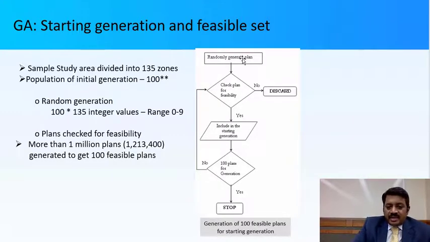So every plan that's randomly generated is checked to see if this plan is feasible, if it satisfies these criteria. And because this is a randomly generated plan, millions of plans need to be generated to identify 100 plans for the first generation.